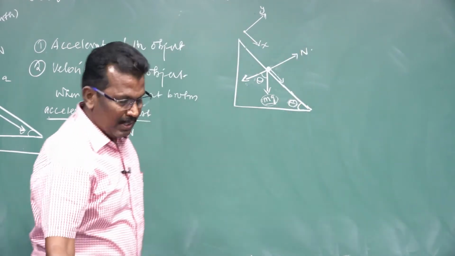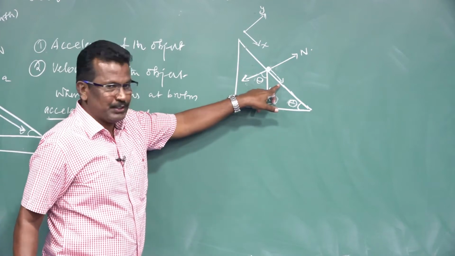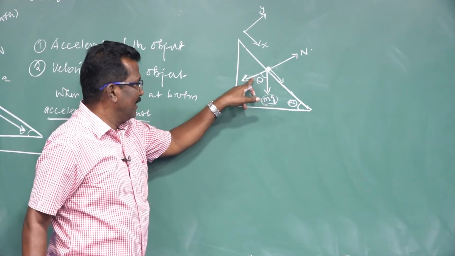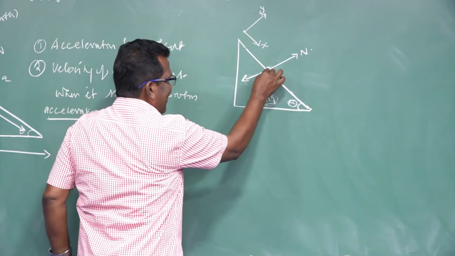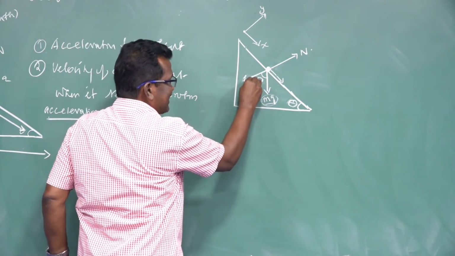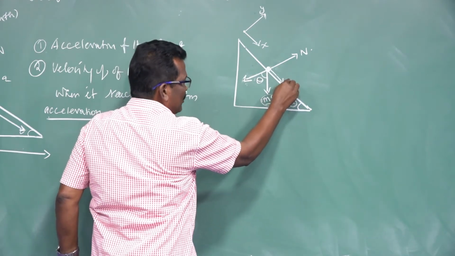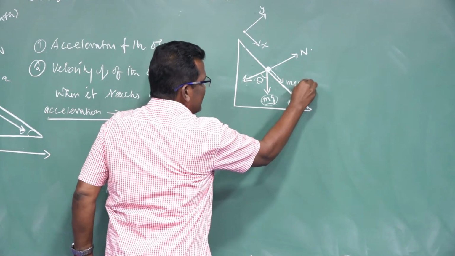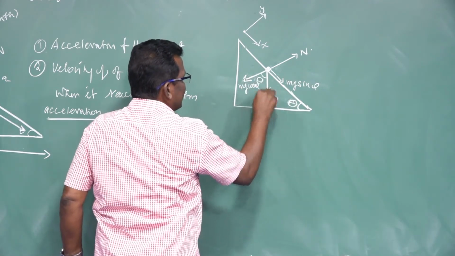Okay. Now, this mg has been resolved into two components. This theta makes an angle with the perpendicular. If it is theta, the horizontal component is always the cos component, and the vertical component is always the sine component. So this is mg sine theta. This one is mg cos theta.